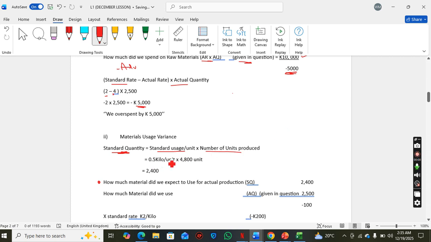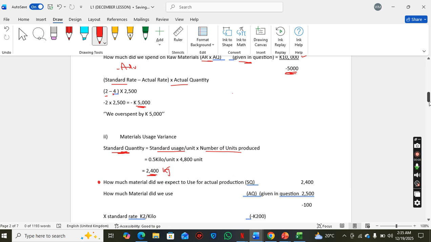So 0.5 multiplied by 4,800 units is 2,400. This is what we expected. This is how much raw material we expected to use, 2,400 kg.